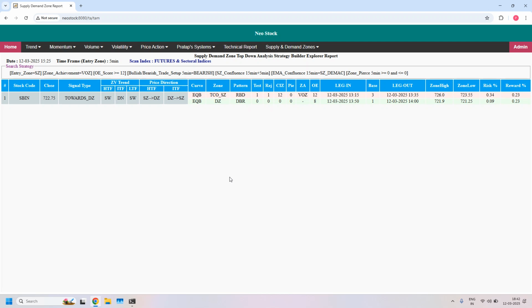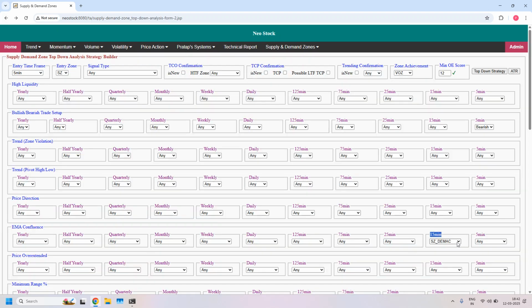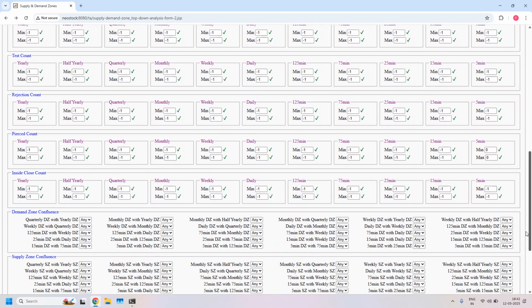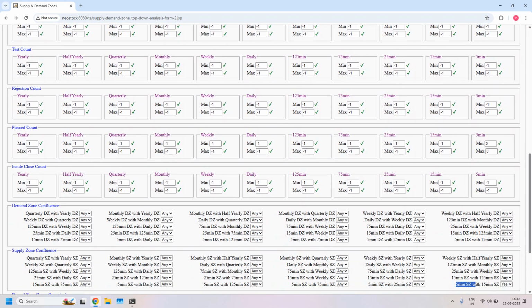Okay, next we will look into LTF, ITF and HTF supply zone confluence supported stocks. Removing the EMA filter. In the supply zone confluence, we should set 3 filters. The first filter is already enabled. Next, 5-minute supply zone with 75-minute supply zone confluence. And 15-minute supply zone with 75-minute supply zone confluence.